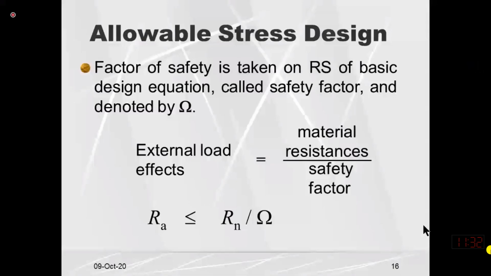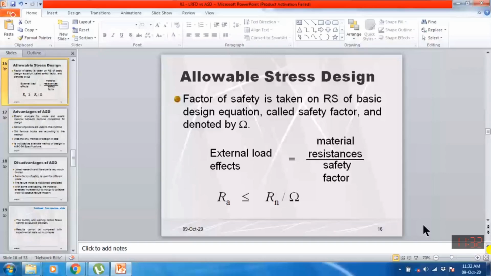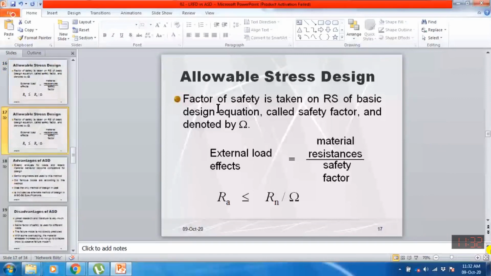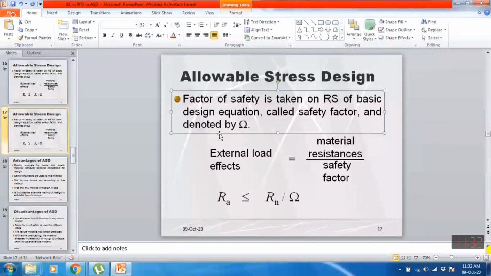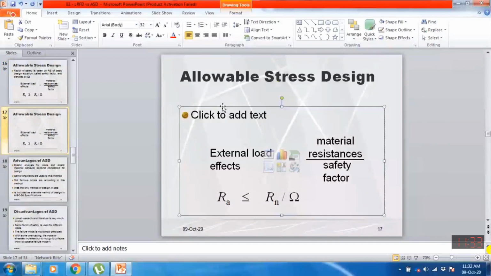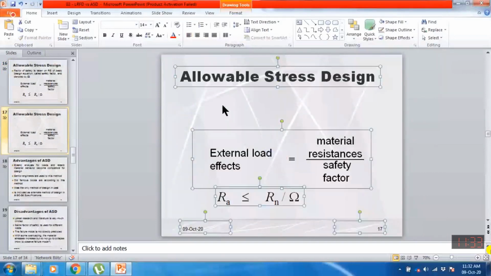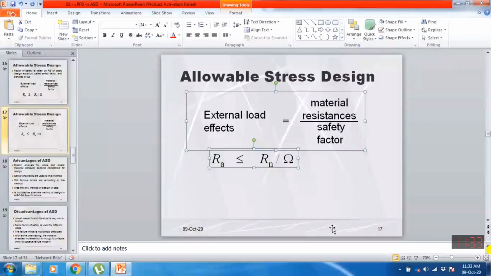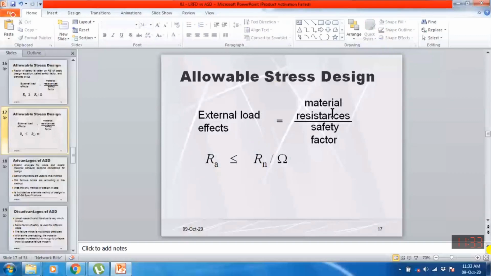Actually, our design equation is the same. So I would like to modify this slide. What we are doing in this method, our design equation is the same.